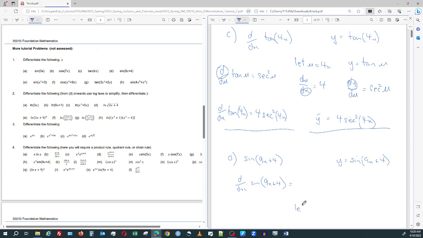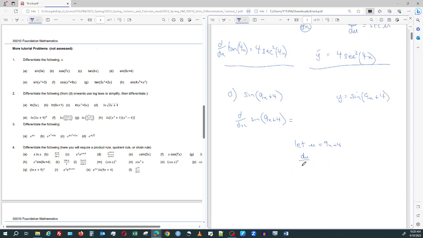We will let u equal 9x plus 4 in both cases, and du dx becomes, this means we rewrite this in terms of y equals sine u, and so we get dy du. We're still doing dy dx, and this one now making sense will be d du sine u.